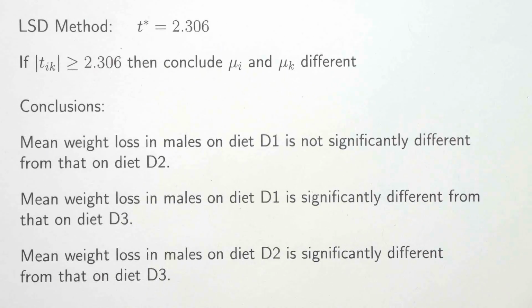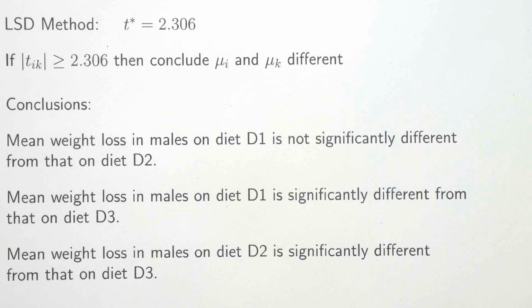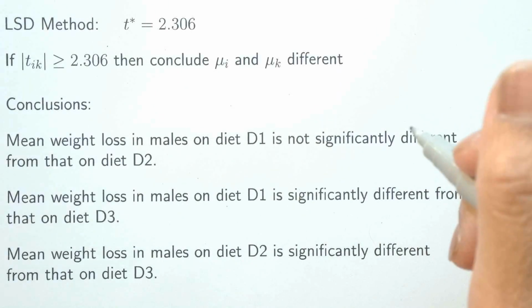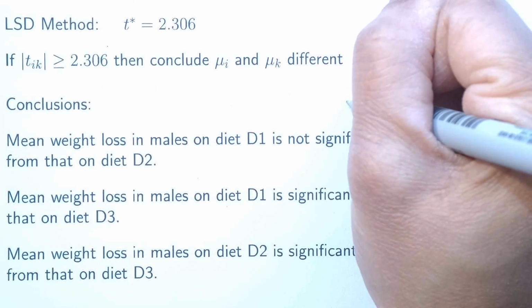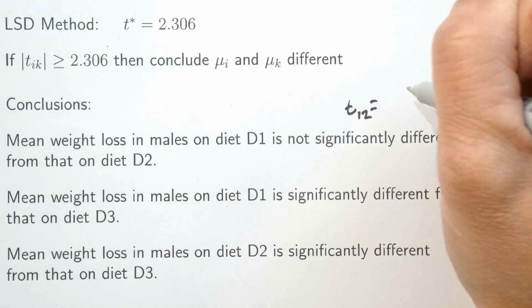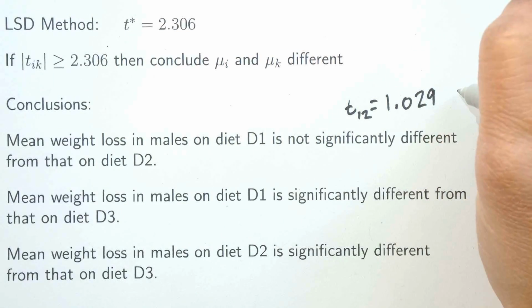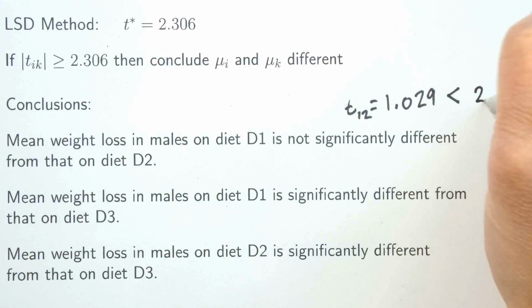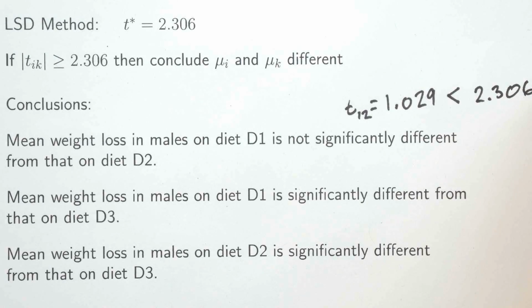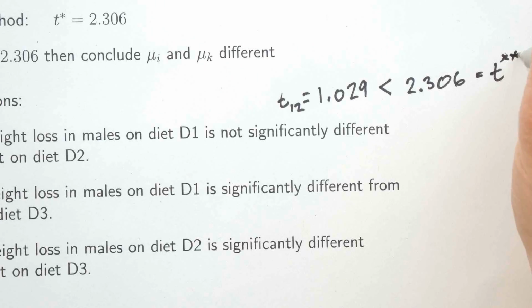We find that the mean weight loss in males on diet 1 is not significantly different from the mean weight loss on diet 2. Why is that? Because T12 is equal to 1.029, which is less than 2.306, our T star star.